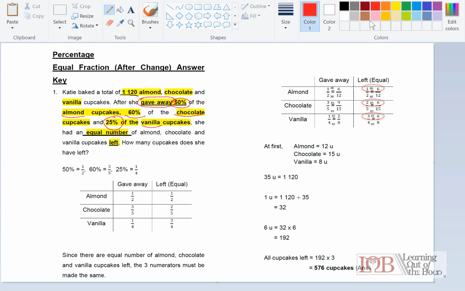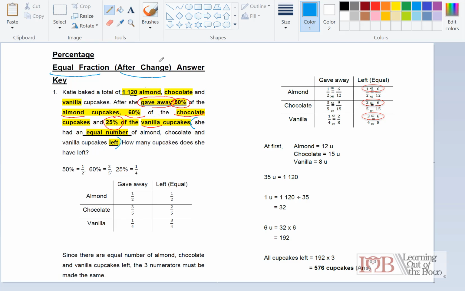Okay, when I see this, let me use blue. When I see this, it reminded me of this concept called equal fraction after change, because this kind of problem sum type normally ends off with an equal number of all the objects or identities.